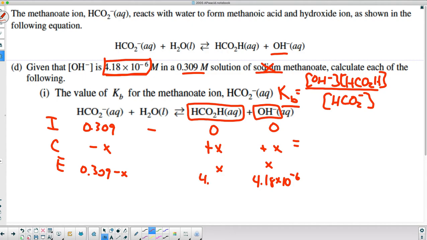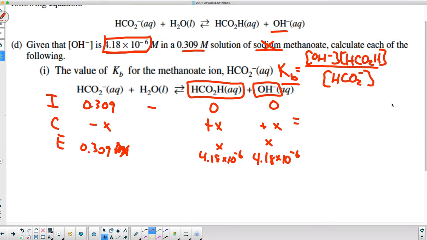That means 4.18 times 10 to the negative 6th for both of these, because it's X and X. Notice how small 10 to the negative 6th is compared to 0.309. So, as always for this chapter, we can get rid of the minus X part. So all we have to do now is plug it into our equation.